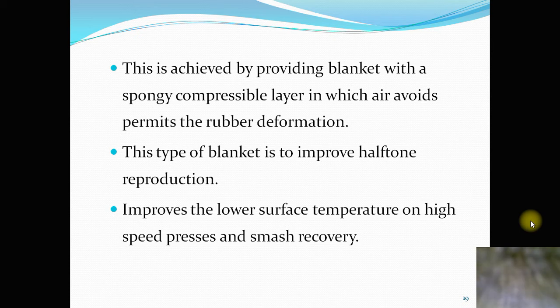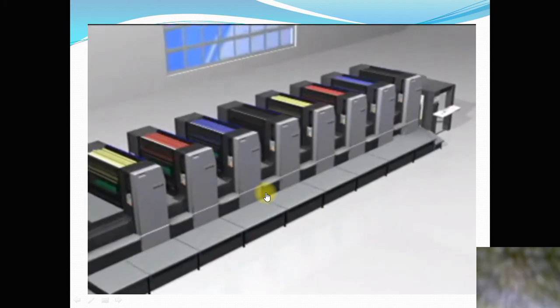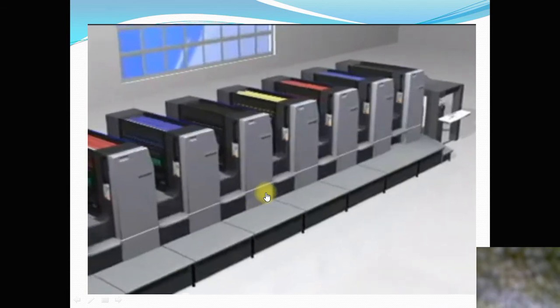Smash recovery we will discuss in the next class. Up to this, it improves the lower surface temperature in high speed presses. Then you can just see how the different types of blankets are.